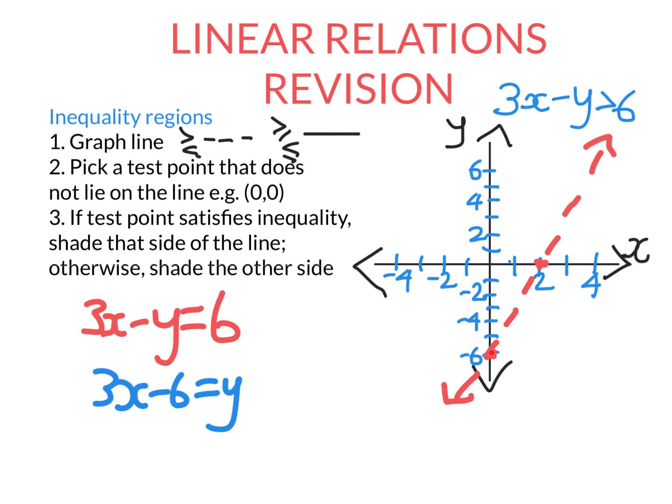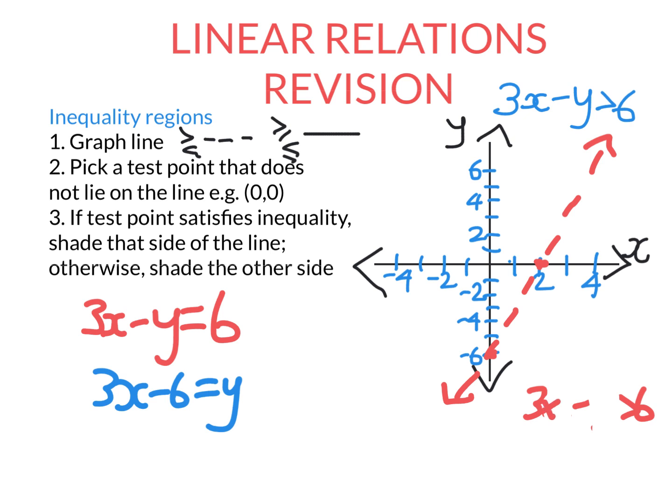Step 1 is done. So step 2, we're going to pick a test point that does not lie on the line. So any point that doesn't lie on this line will work. 0, 0 doesn't lie on the line, it's an easy point. I'm going to substitute 0, 0 into this inequality and see if it satisfies the inequality. So my inequality is 3x minus y is greater than 6. So subbing 0, 0 means I'm changing both x and y to 0.